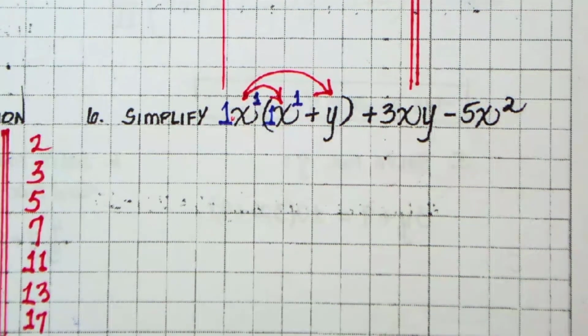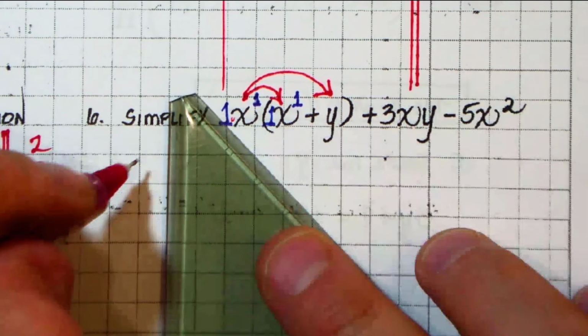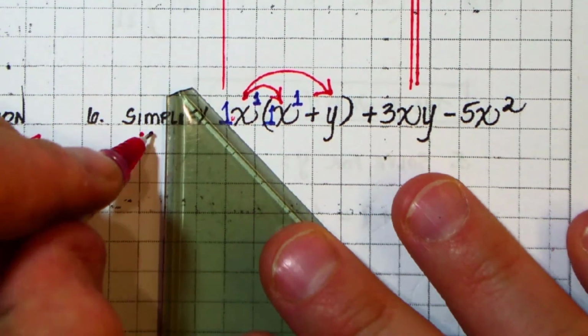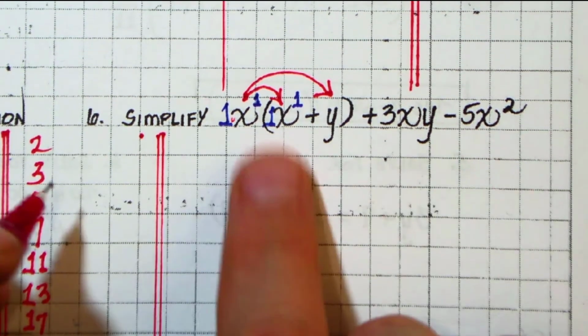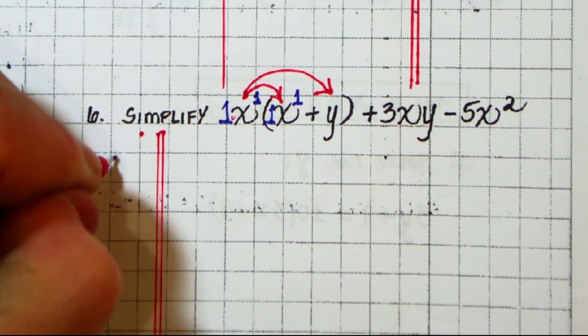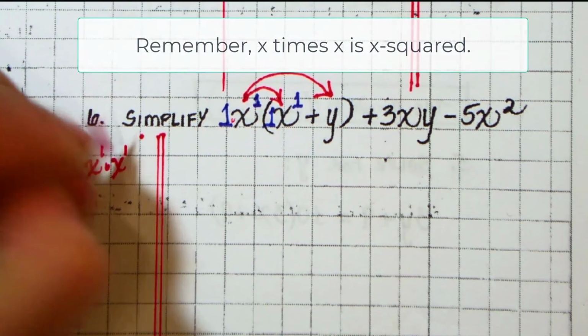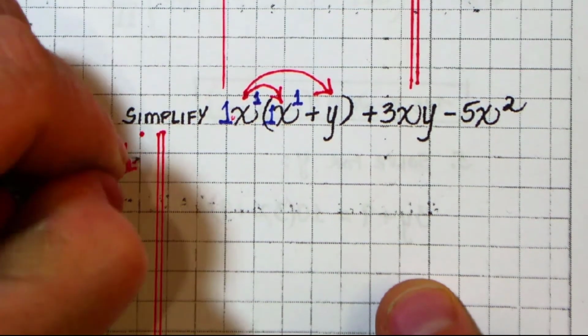Now, over in side work, people, I'm going to have to do side work on the left this time. Over in side work, x to the first times x to the first is x to the 1 plus 1, or x squared, or x to the second power, okay?